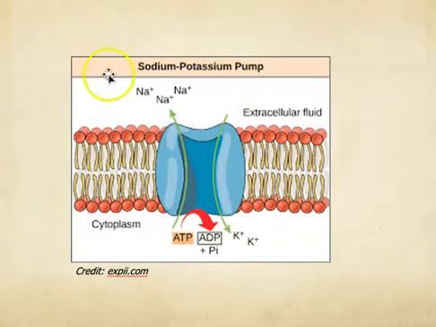So it's going to maintain a high level of sodium outside a cell compared to the inside of a cell. And it's going to maintain a high level of potassium inside of a cell compared to the outside of a cell. This pump will move 3 sodiums out for every 2 potassiums in every time it breaks apart 1 ATP. This is a very important pump. It can be found in almost all tissues inside the human body.